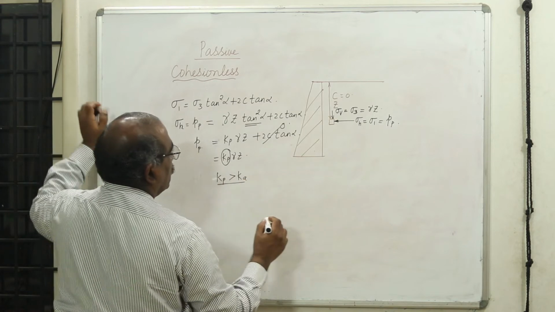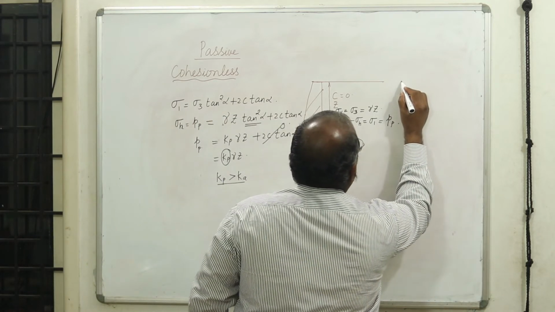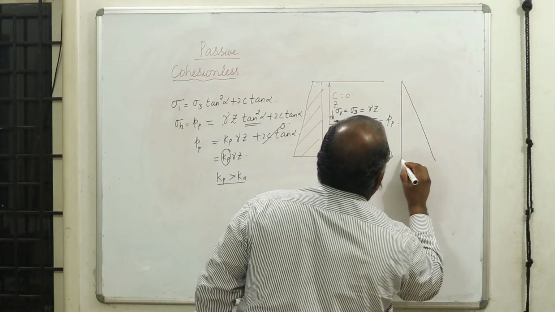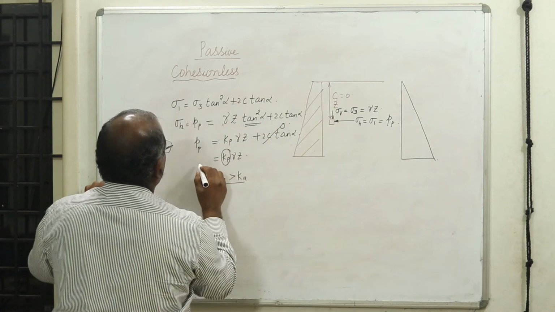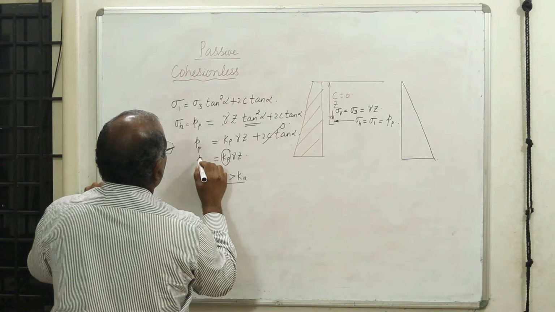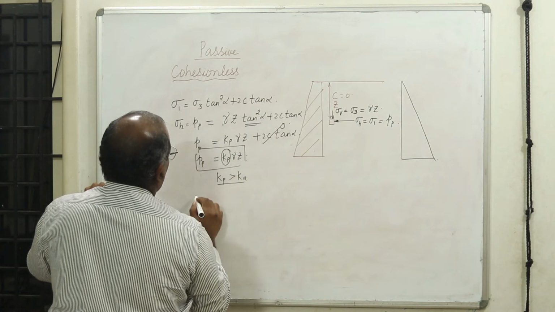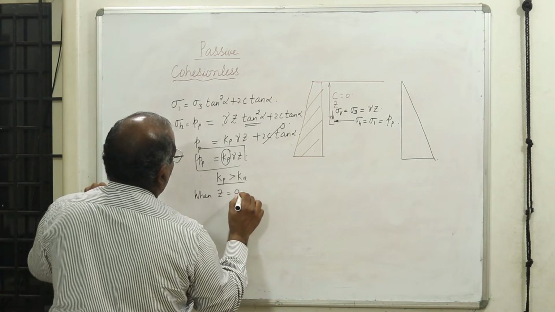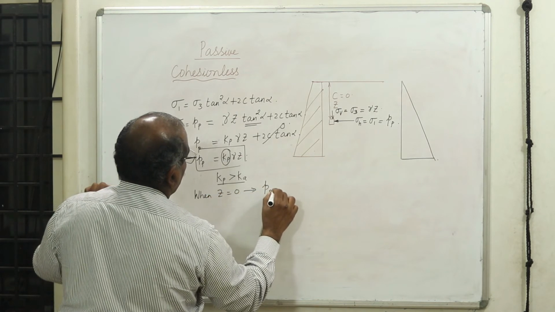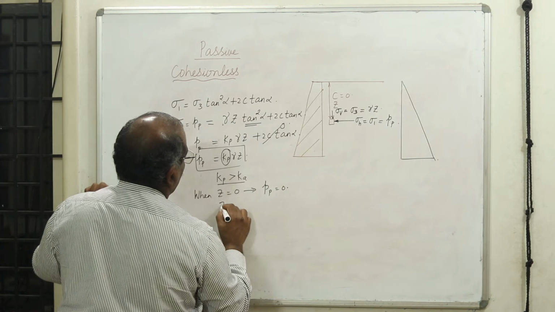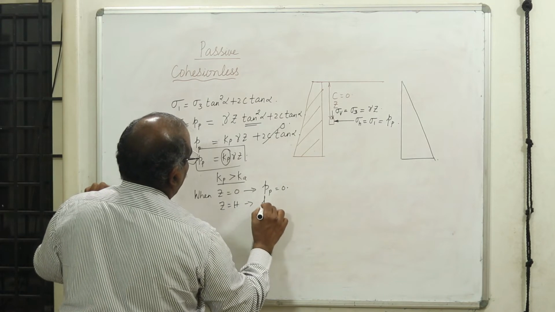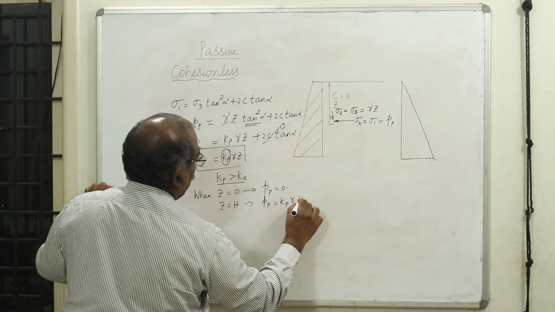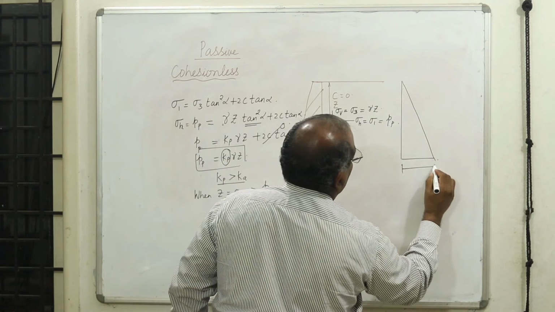Therefore the pressure distribution diagram will be qualitatively the same, because when I substitute the limits, when Z equals 0, I get Pp equal to 0. When Z is equal to H, Pp is equal to Kp gamma H.